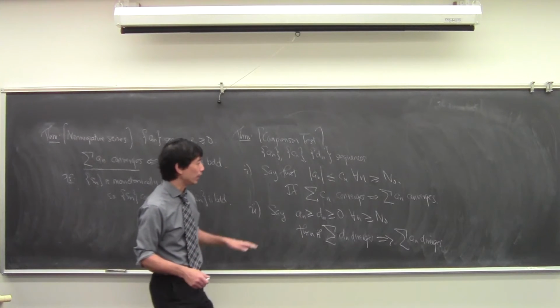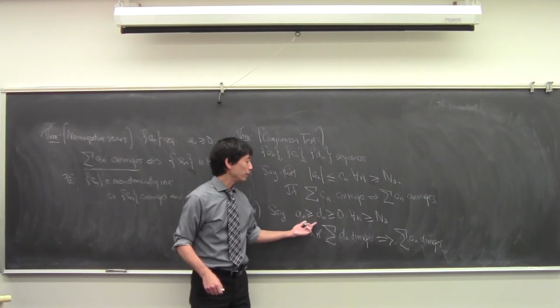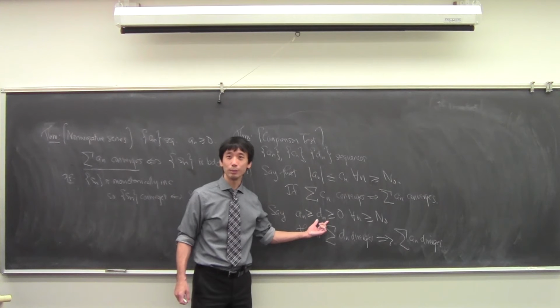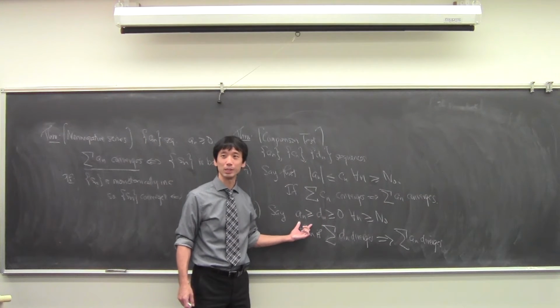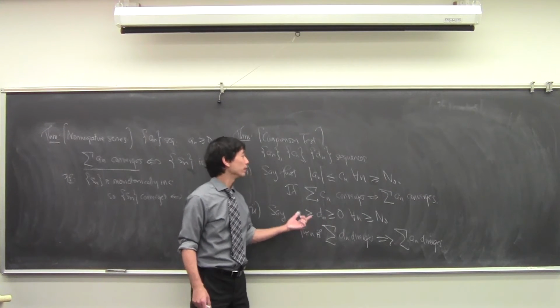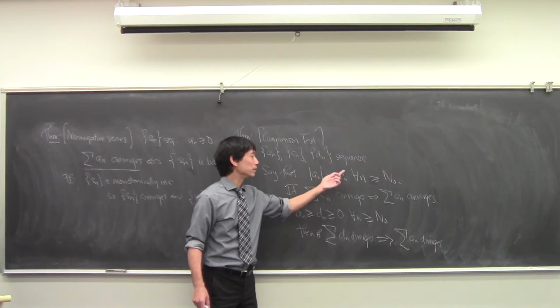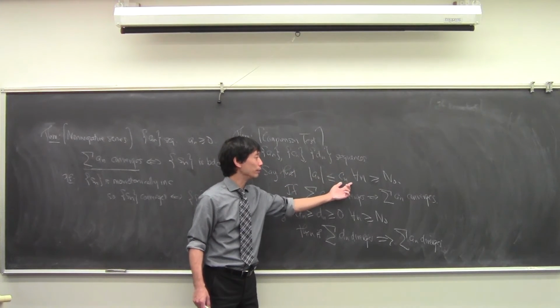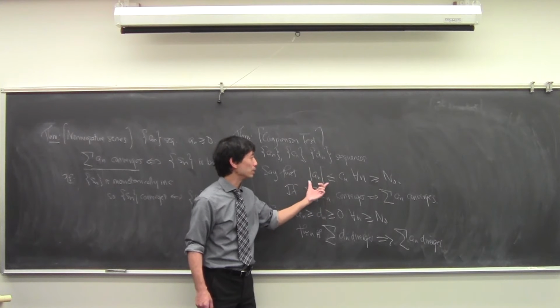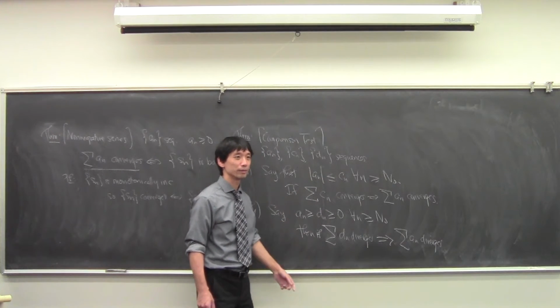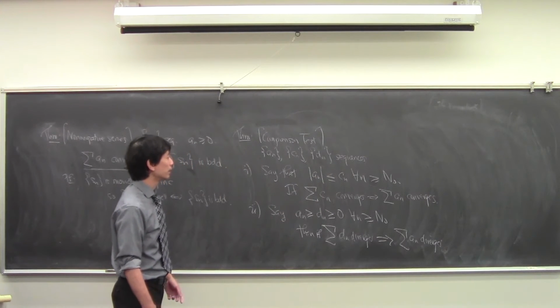Okay, right. So you've got in the second case, if the sum of the smaller terms diverges, then the sum of the bigger terms diverges. Here you've got, in the first case, if the sum of the bigger terms converges, then the sum of the smaller terms converges. Yes, Mia? Why is that first one an absolute value but nothing else is?